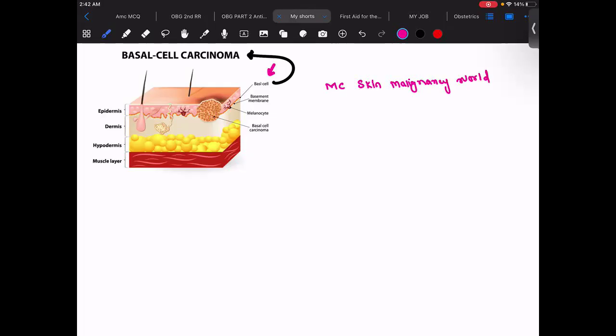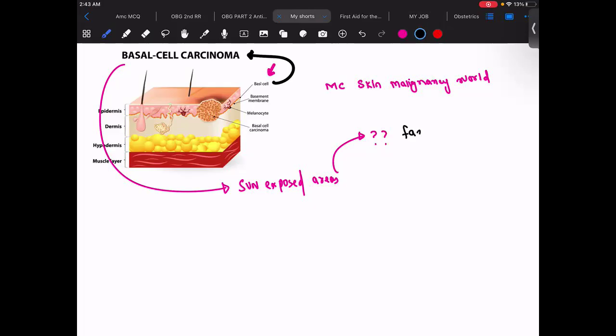And if you have to remember one important point about basal cell carcinoma, it is found mostly in sun exposed areas. And what are the sun exposed areas? You can identify it by yourself. It could be your face, nose, lips, and the scalp.